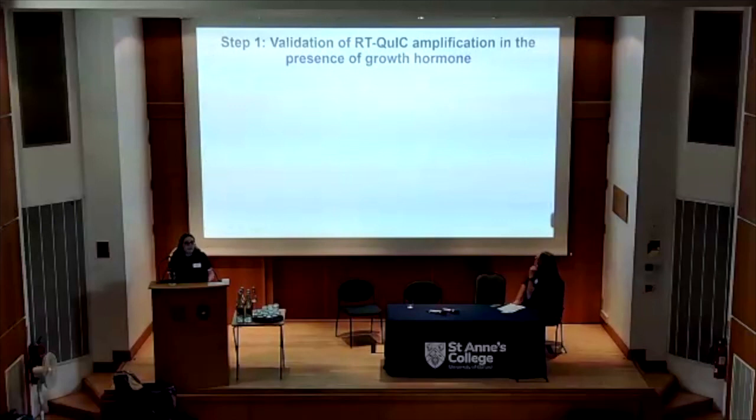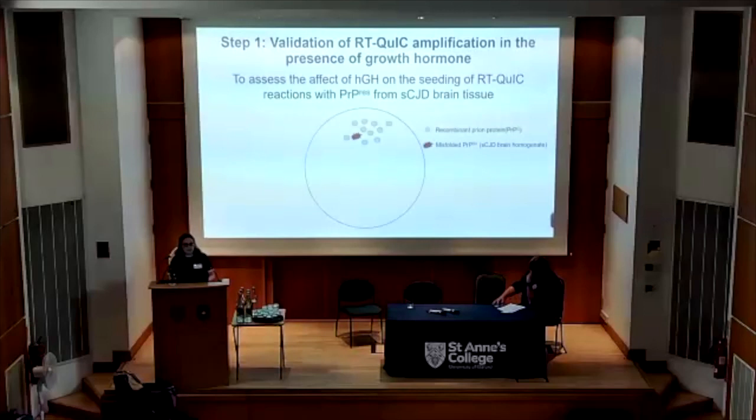Now, before we look at the human growth hormone samples, it's really important for us to validate our method to check that none of the components within the human growth hormone actually have a detrimental effect on our assay. So we have done this by testing the effect of the addition of human growth hormone to the seeding of real-time quick reactions with sporadic CJD brain homogenate, which we know converts efficiently.